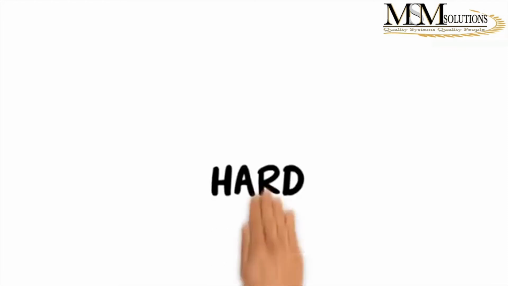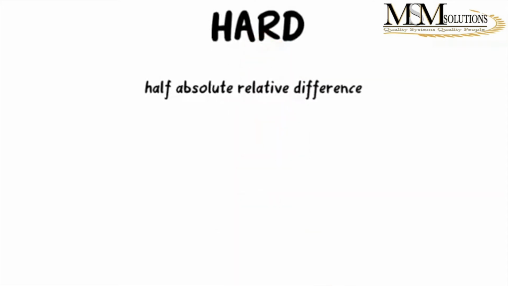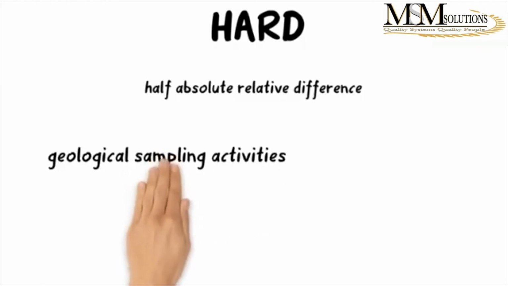Sometimes you will see that people don't use the percentage difference or even the relative difference, but they use HARD, half absolute relative difference. Mostly you would see in some geological sampling activities that they mention HARD.